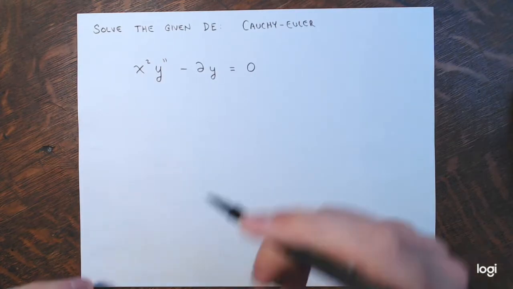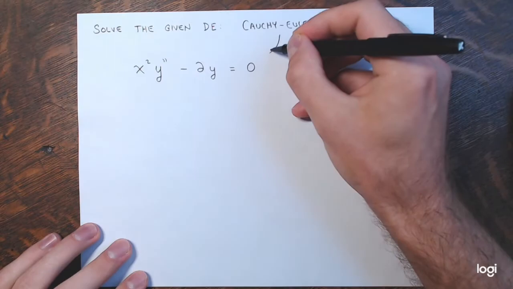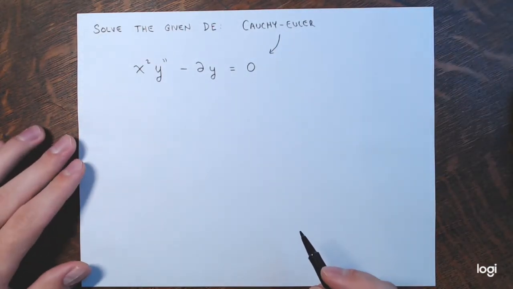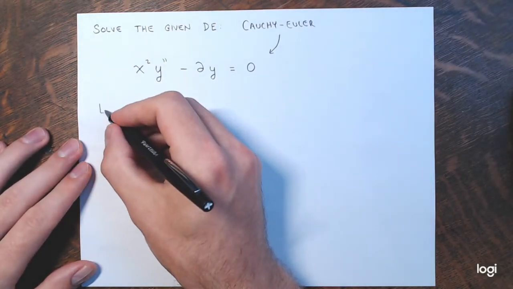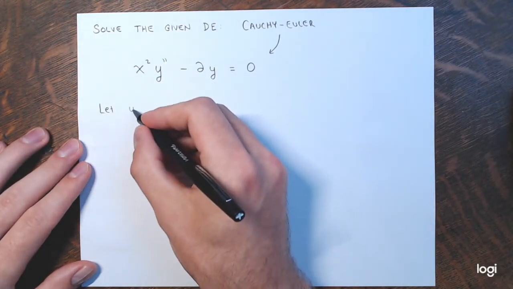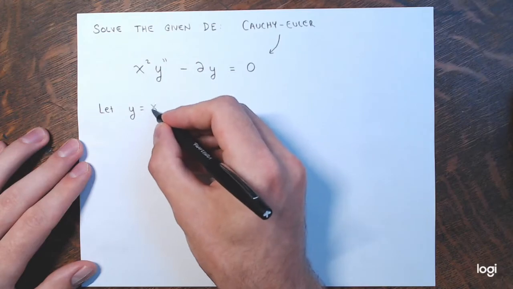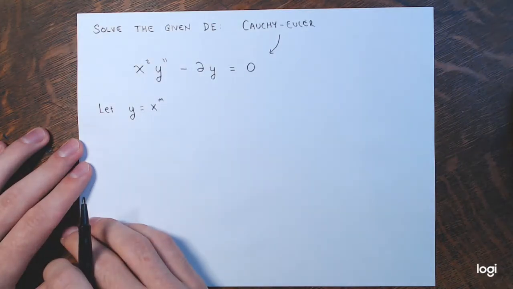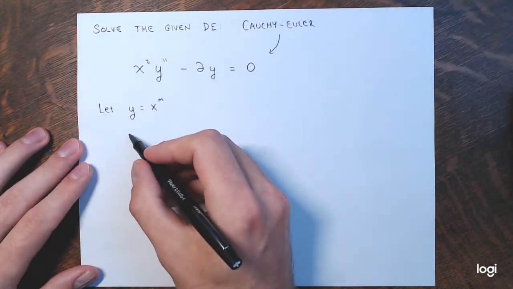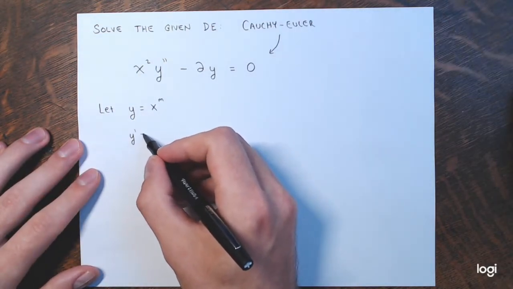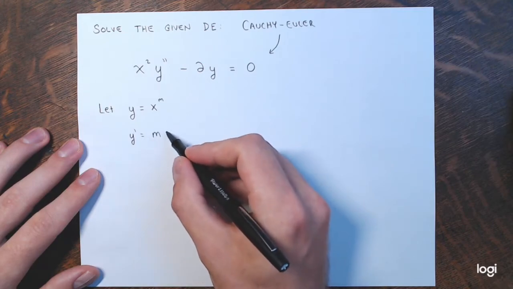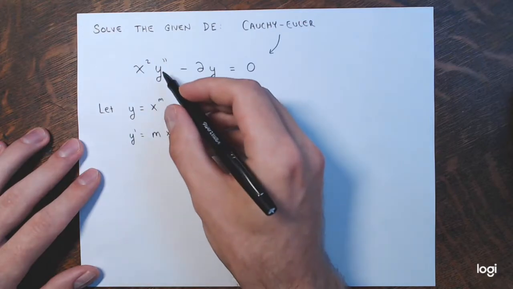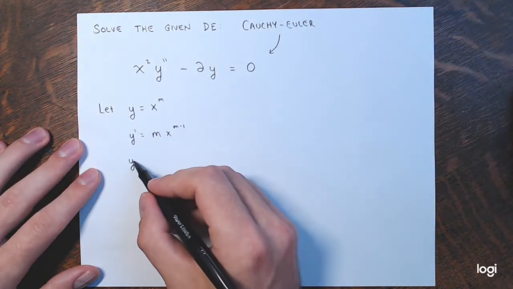So since I recognize that this equation is a homogeneous Cauchy-Euler equation, I'm going to start off by letting y equal x to the mth power. And then dy/dx, or y prime, would be m times x to the m minus 1. And then I'm second order here, so I've got to go to the second derivative.